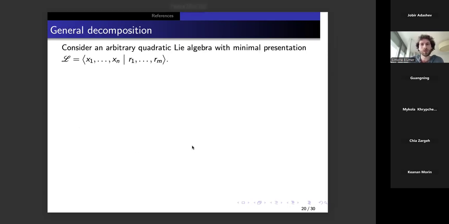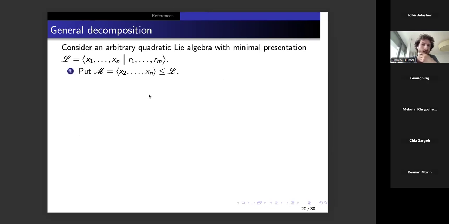Okay, so let's first see the general decomposition of a quadratic Lie algebra. We can start with an arbitrary quadratic Lie algebra with a minimal presentation of this form here. It is generated by x1 to xn, and the minimal relations are r1 to rn. All the relations are of degree 2, so linear combinations of brackets of elements in x1 to xn.